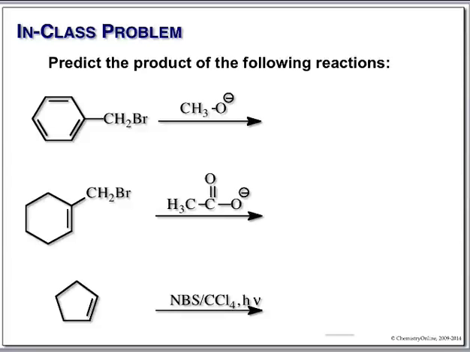It has the electrons. This is going to be our positive carbon. And bromine, of course, is our leaving group. All that happens is the oxyanion attacks this carbon, bromine leaves, we wind up with an ether where the oxygen is bonded to our electrophilic carbon.